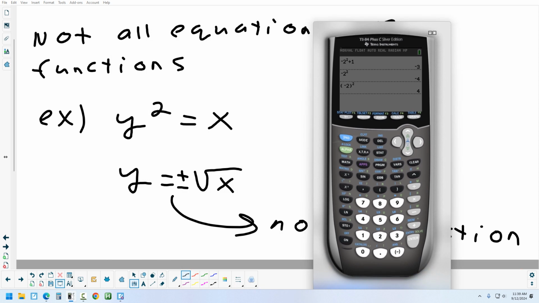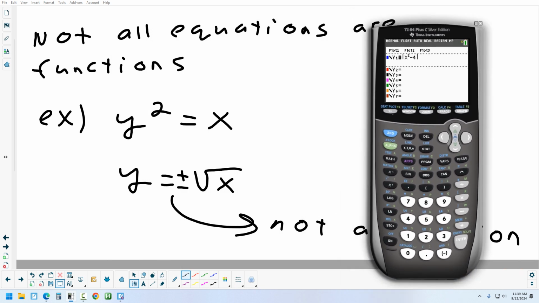Let me draw that and you can see what it looks like. If I plug in square root of x, the only way I can do plus or minus is to do two separate ones. So I'll do the plus, now I'll do the minus. Just pretend it's all the same color, like that's one picture.